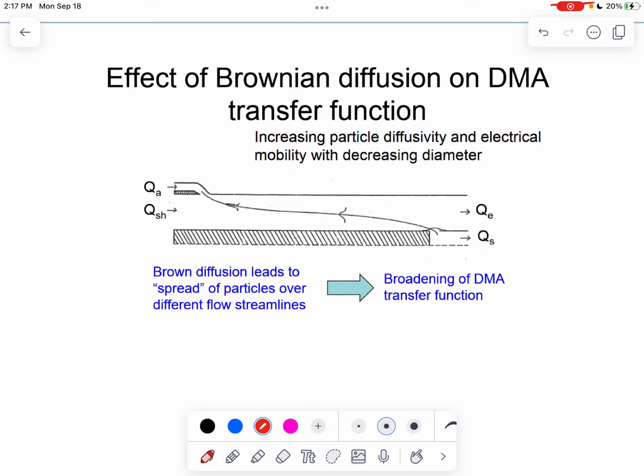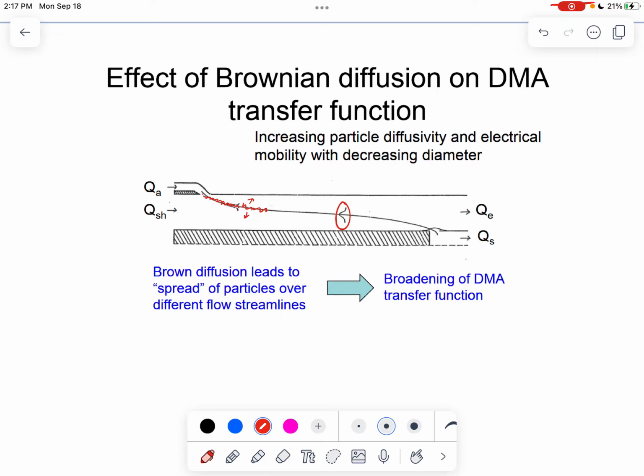So if we imagine that we're introducing aerosol from the inlet here, and the particles are very small, let's say down to 1 nanometer, then because of this diffusion, or this Gaussian distribution of the particle movement, the particles are going to move around, right? And the smaller the particle, the more diffusive they are. They're going to move both towards the inner electrode and towards the outer electrode, right?